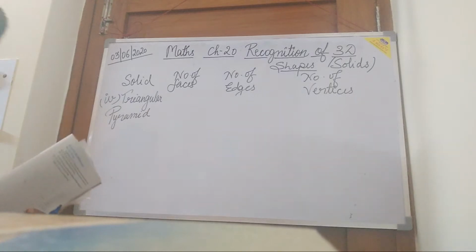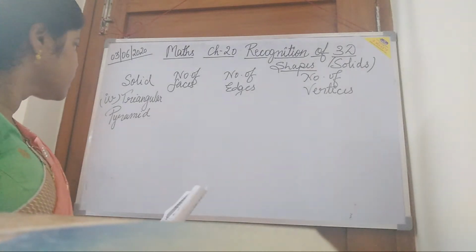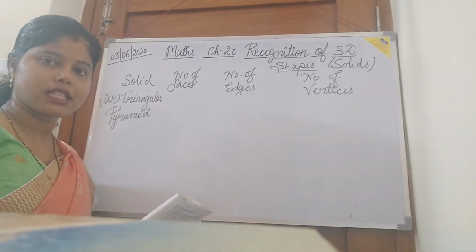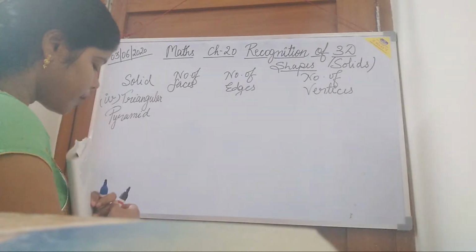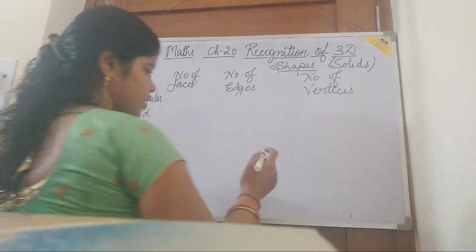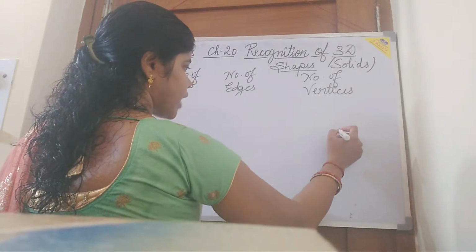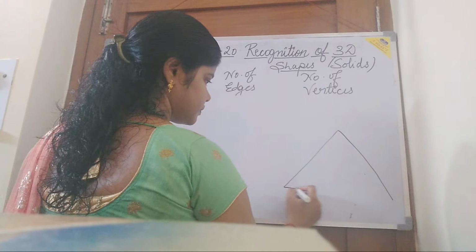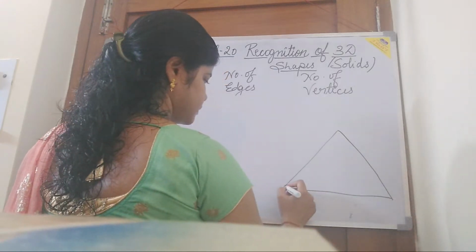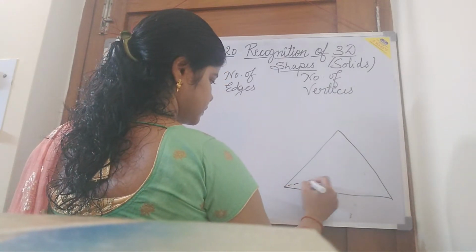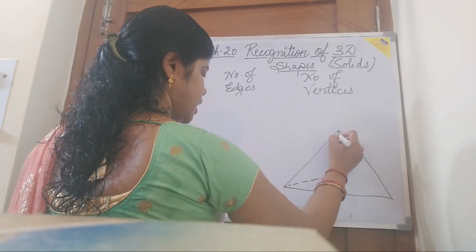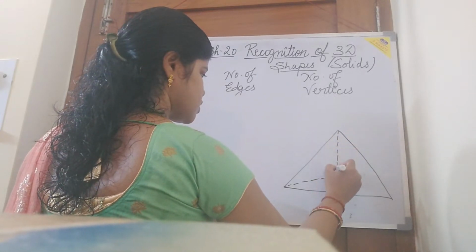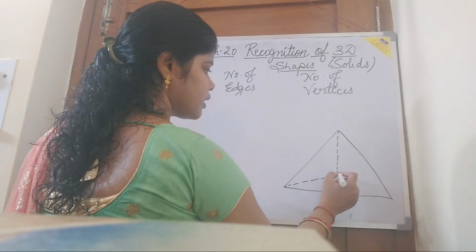So in this triangular pyramid, how many faces, edges and vertices does it have? How to draw it? Just draw a triangle over here, and the rest of the faces, just draw them with dotted lines.